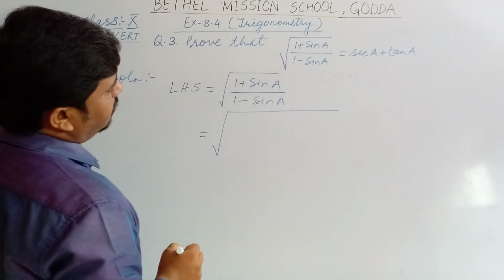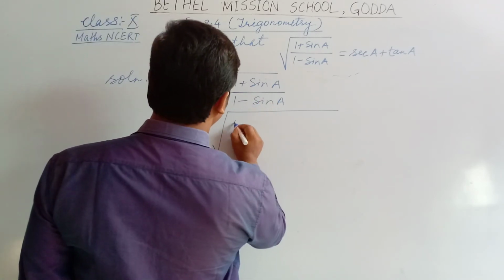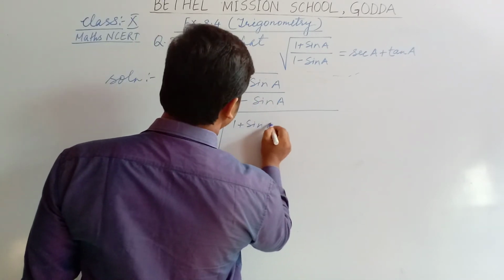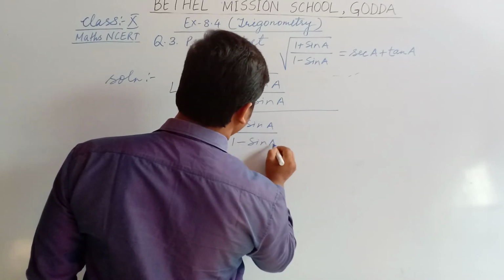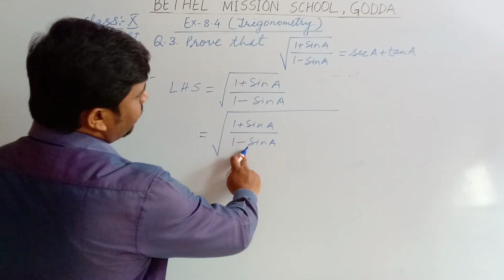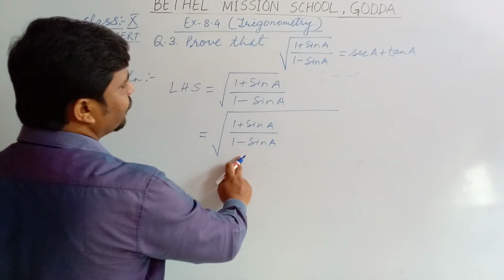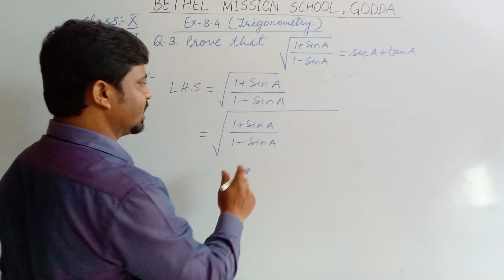Now what will we do? 1 plus sin A upon 1 minus sin A. Here the sign is plus minus, so with the opposite sign we will multiply both numerator as well as denominator.